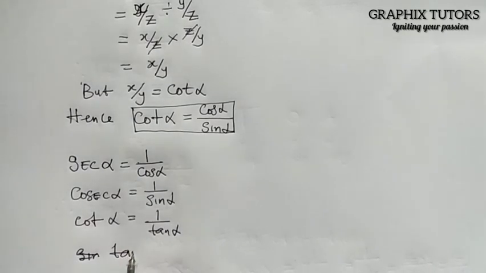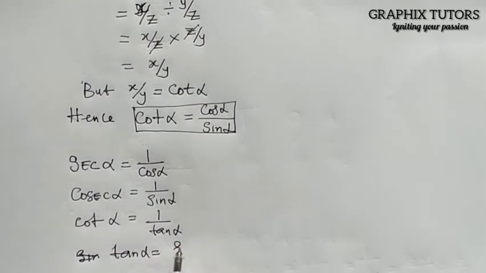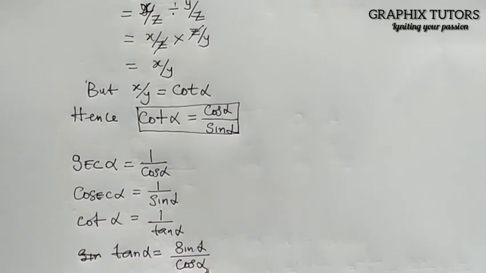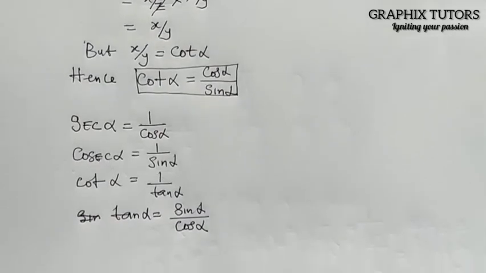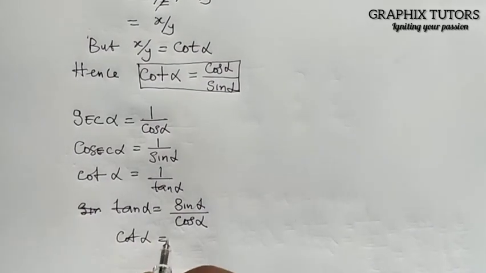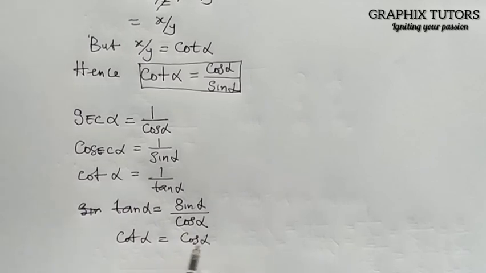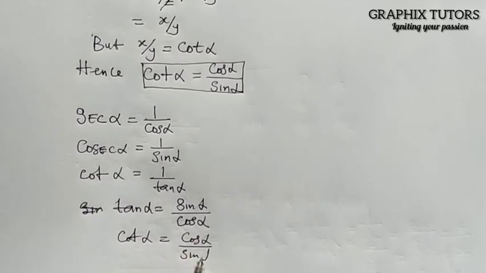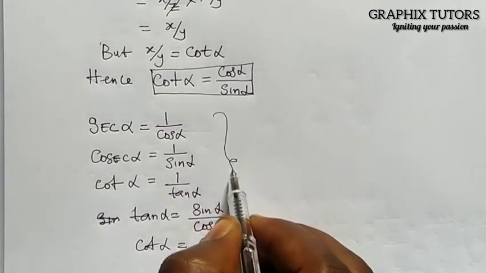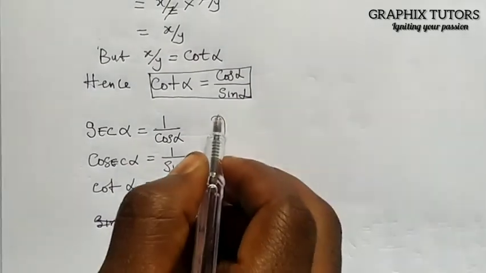Tan alpha is giving us sine alpha all over cos alpha. And last but not the least, cot alpha is equal to cos alpha over sine alpha. You see these things? It is something that you should know if you want to move ahead.